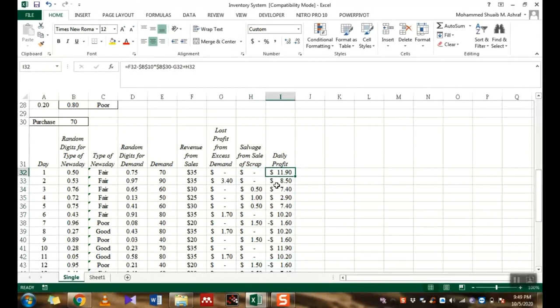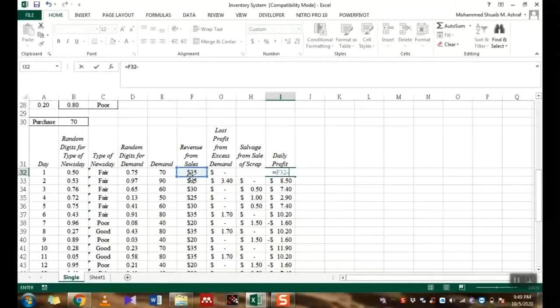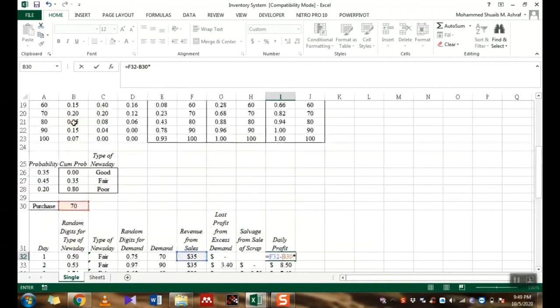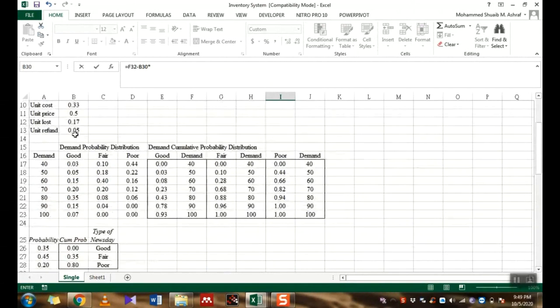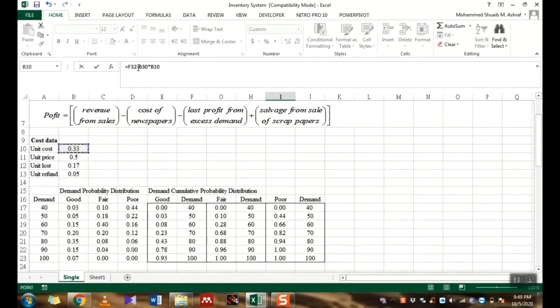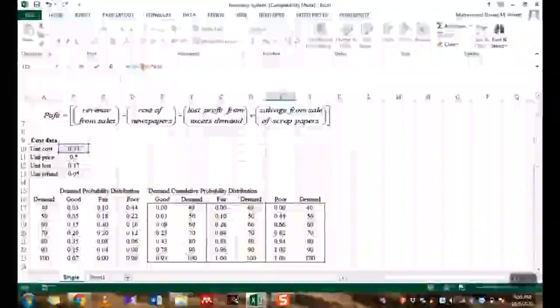Finally, the daily profit is being calculated. What is the formula? Revenue from sales minus cost of newspaper. What is the cost of newspaper? Every day, 70 newspapers are purchased at this cost, so these two cells will be fixed.